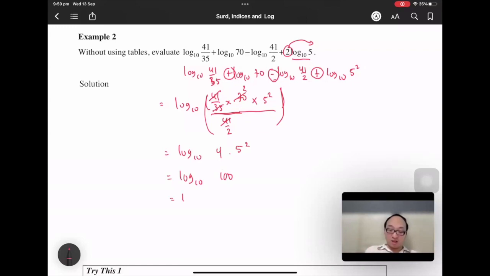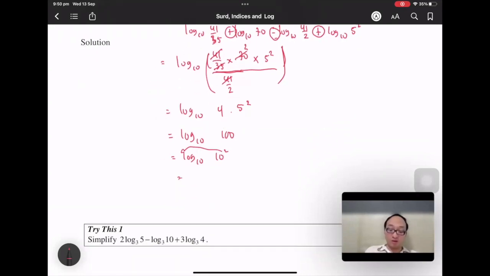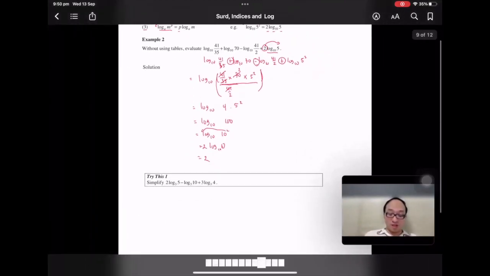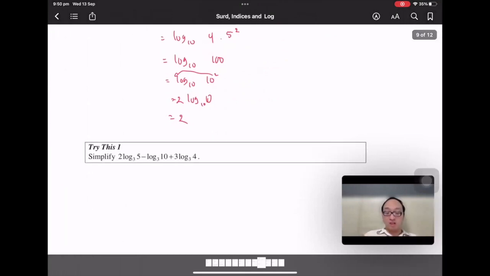So this is log base 10. 100 is 10 to the power of 2. So we can move the 2. So it's 2 log 10, 10, which is equal to 2. That's the example 2. You can try this for your exercise.